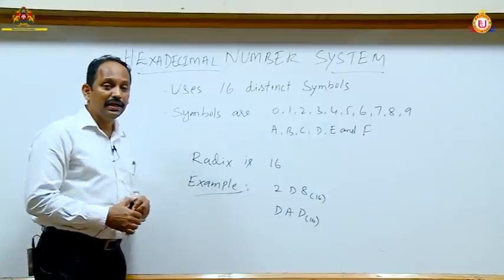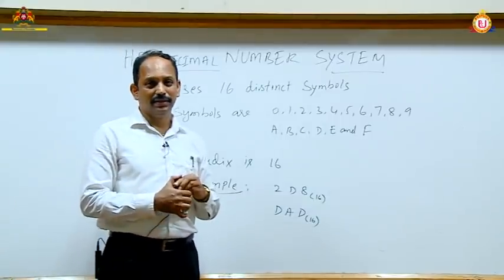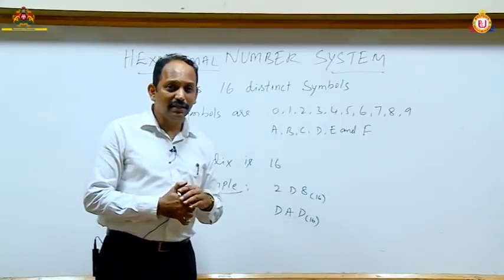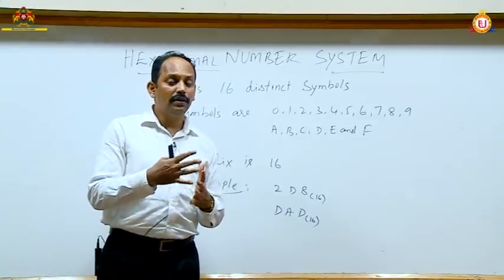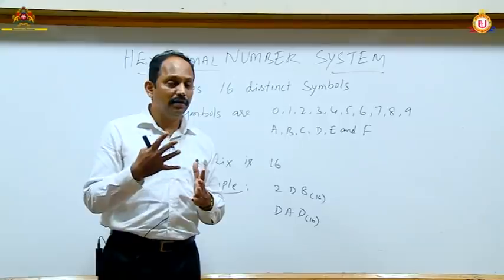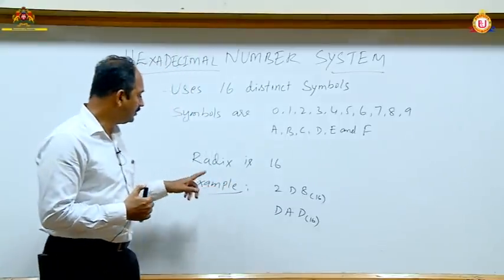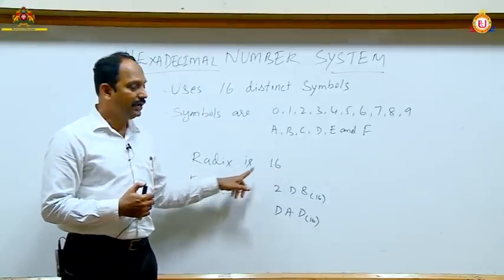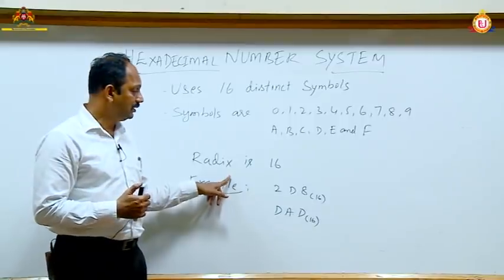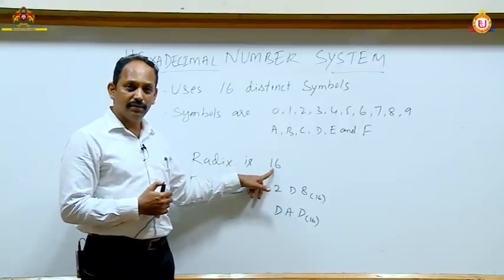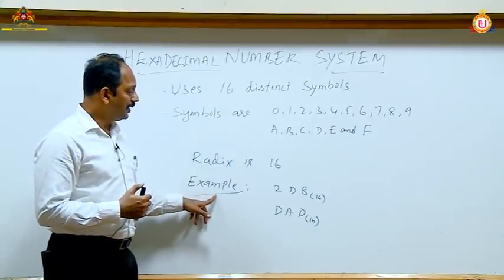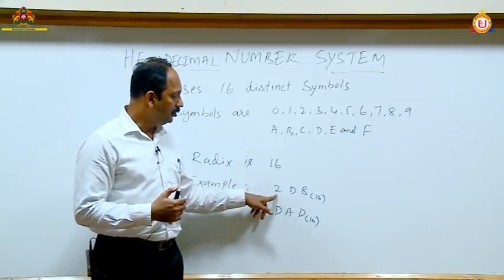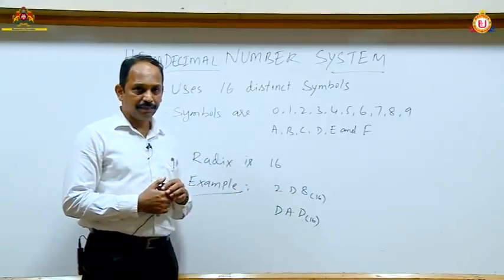There are totally 16 symbols. Hexa means 6, decimal means 10. There you can understand what the base of the hexadecimal number system is. It is 16. The radix or base of the hexadecimal number system is 16. An example of a hexadecimal number is, say, 2D8.